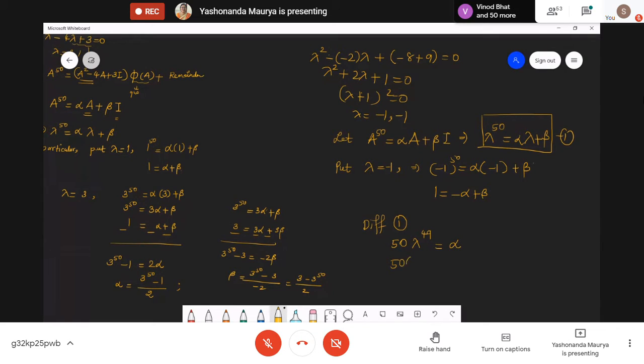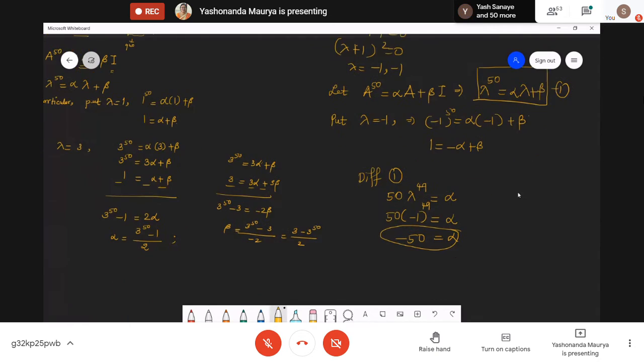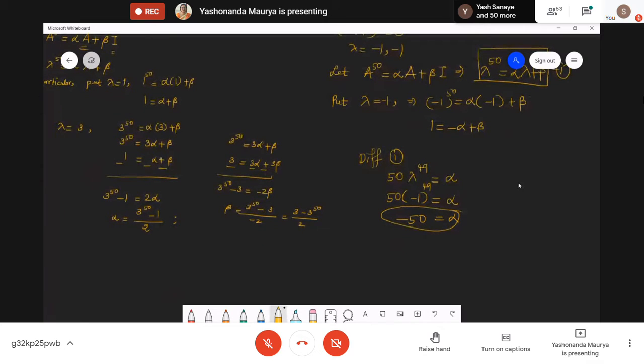So it will be 50 into minus 1 raised to 49 is equal to alpha. Minus 1 raised to 49 is minus 1, along with this 50 gives me the value of alpha. So the alpha value is minus 50. We can substitute over here: 1 is equal to minus 50 plus beta.